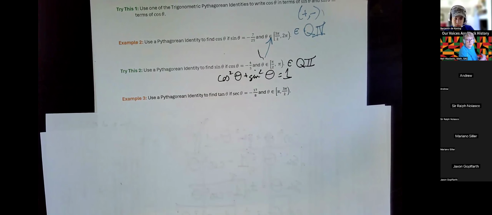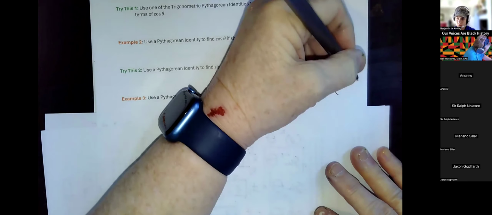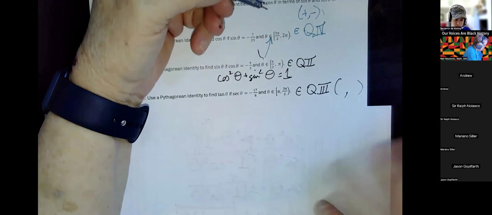So what quadrant begins at pi and goes to 3 pi over 2? The 3rd quadrant. Good. And remind me what the signs are in quadrant 3. Negative, negative. Beautiful. So we have secant squared theta. What is the Pythagorean identity that connects tangent and secant?